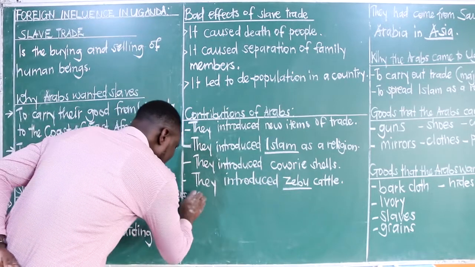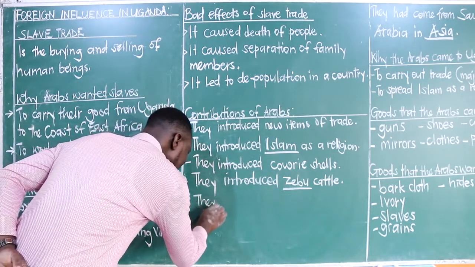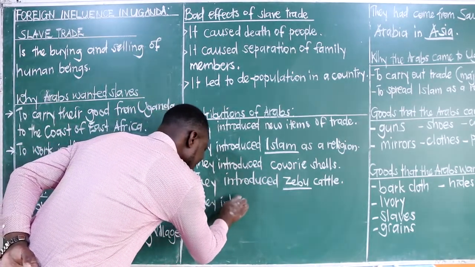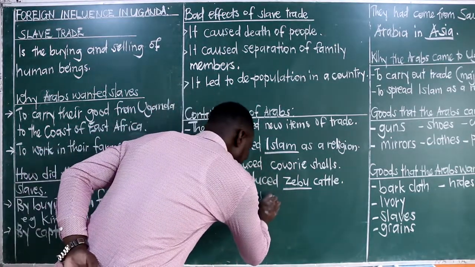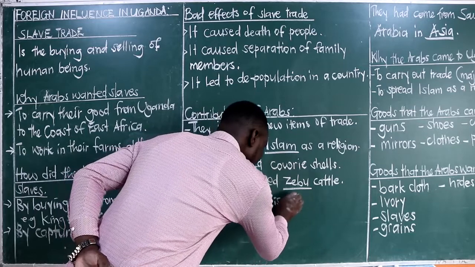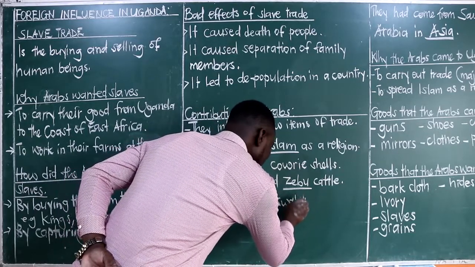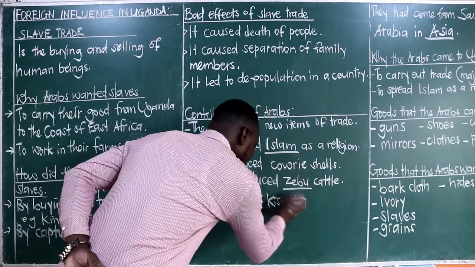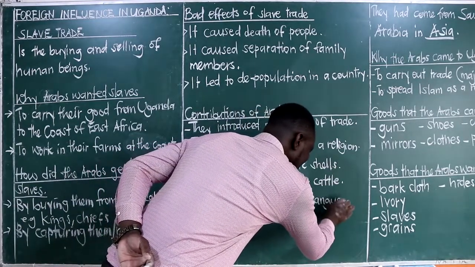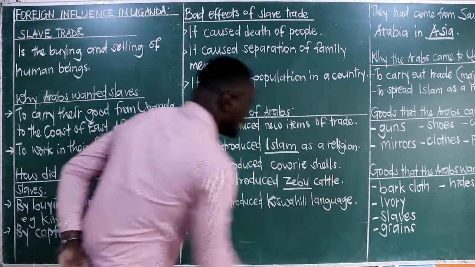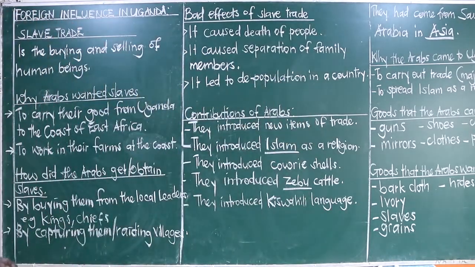Next one, the Arabs introduced new languages. They introduced Kiswahili as a language. Kiswahili came out as a result of the Arabs. So we shall have Kiswahili language coming into Uganda, and people now speak it.